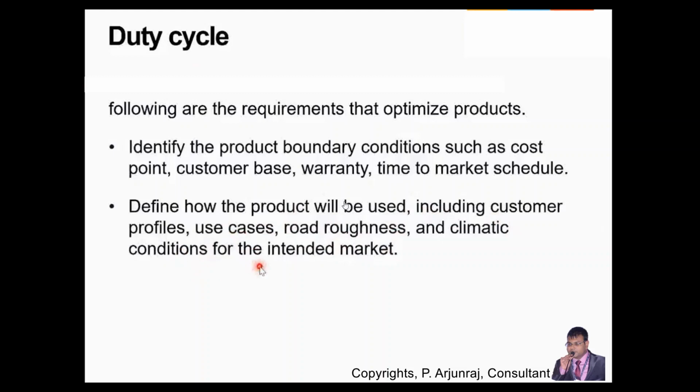So that's where we also do a lot of tests like Indian driving cycle, European driving cycle, federal test procedures, Europe test cycle. Based on the customer drive pattern, we test before we launch the vehicle to the customer, and based on the road roughness.